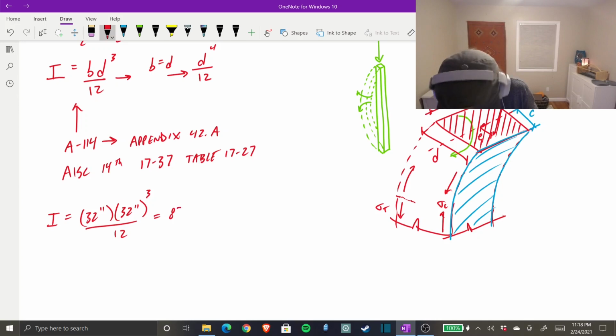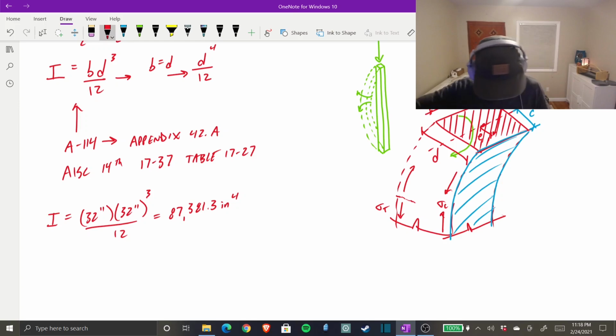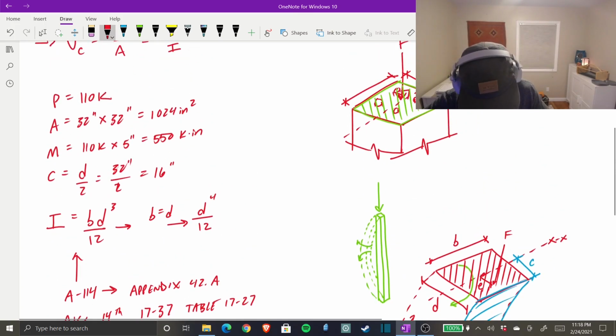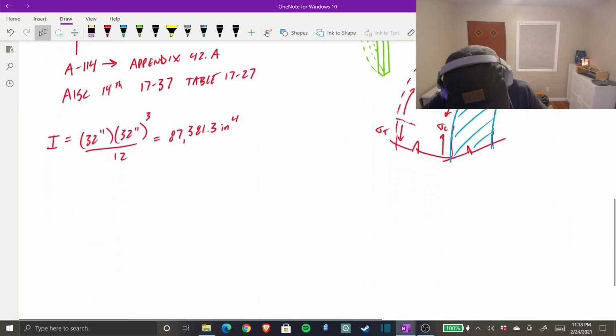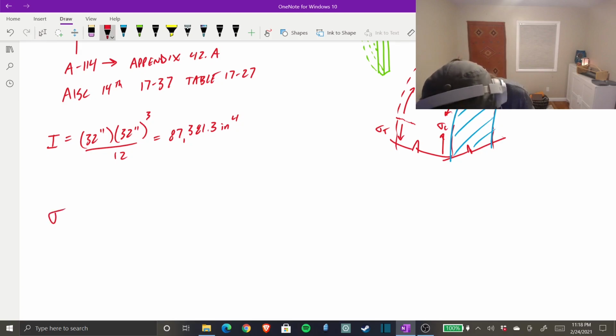That equals 87,381.3 inches to the fourth. That is going to give us everything we need to plug in. So to reiterate, stress is going to be equal to P over A plus or minus MC over I.